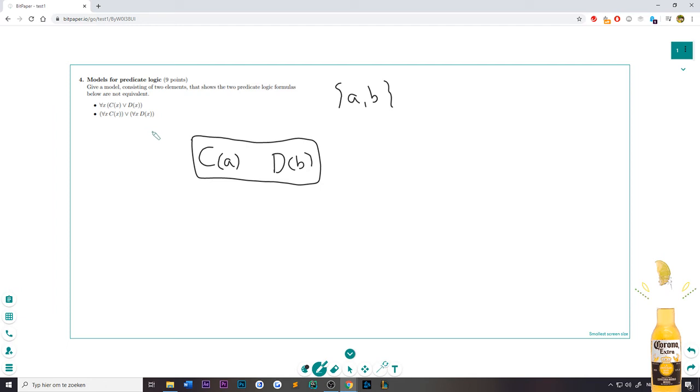And that's literally everything you have to do. If you can show this, you get 9 points. But then give an explanation as well. Explain why this holds for the first one, but not for the second one.